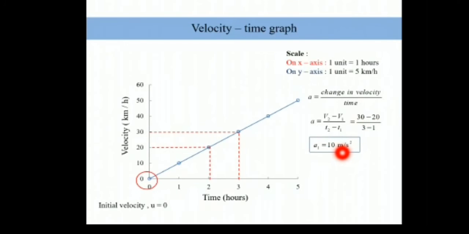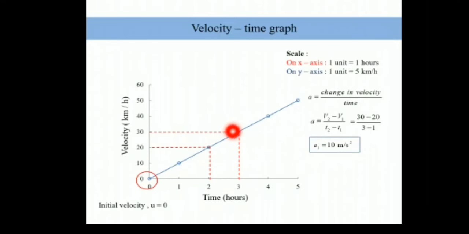So this is how we calculate acceleration. The acceleration of the vehicle is 10 meter per second square. Acceleration means the velocity of the vehicle is changing. Here, because the acceleration is plus 10, the velocity is increasing.